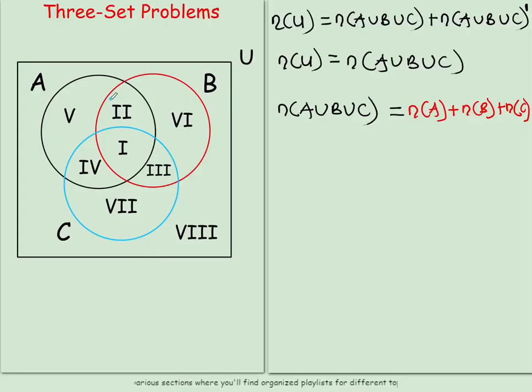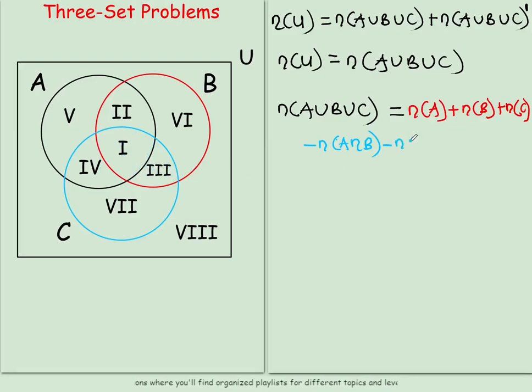By intersection, you see this portion over here. We are talking of A intersection B, so minus A intersection B, minus B intersection C as well.